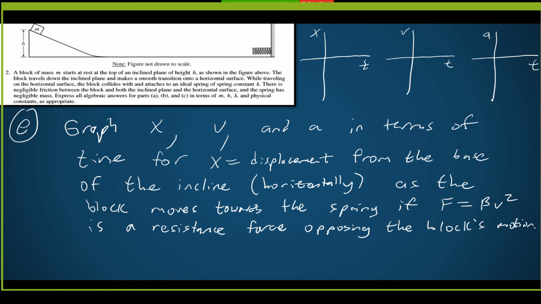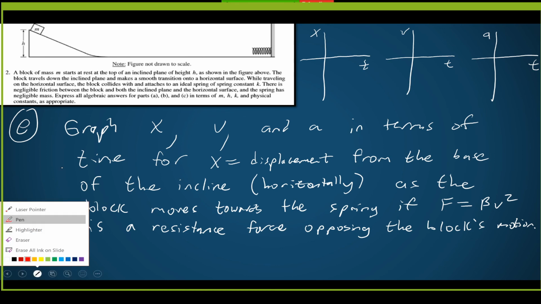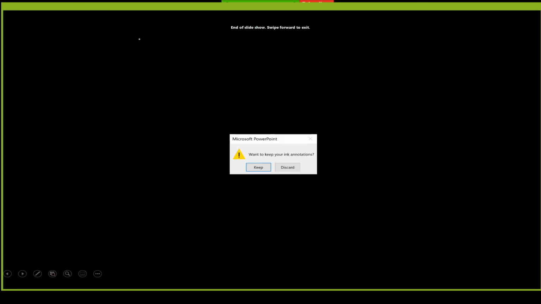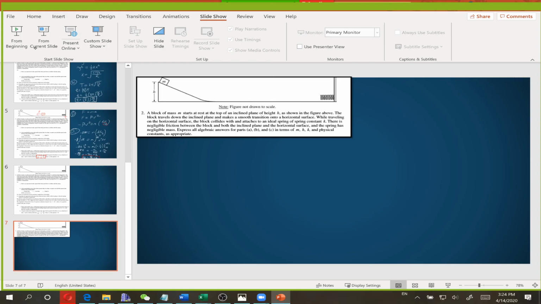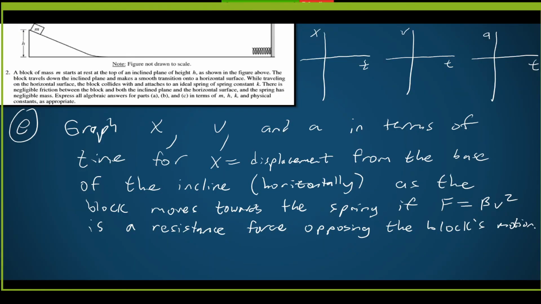Okay, so taking a look at this, what's happening is we have our block that is moving down the incline. Once we get to the base of the incline, I will have a force that is opposing the motion of the block.